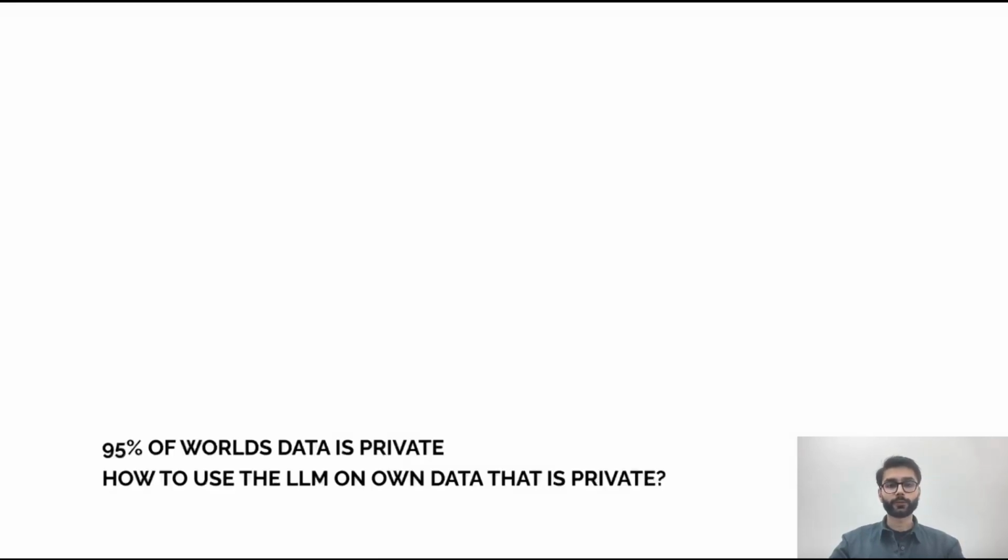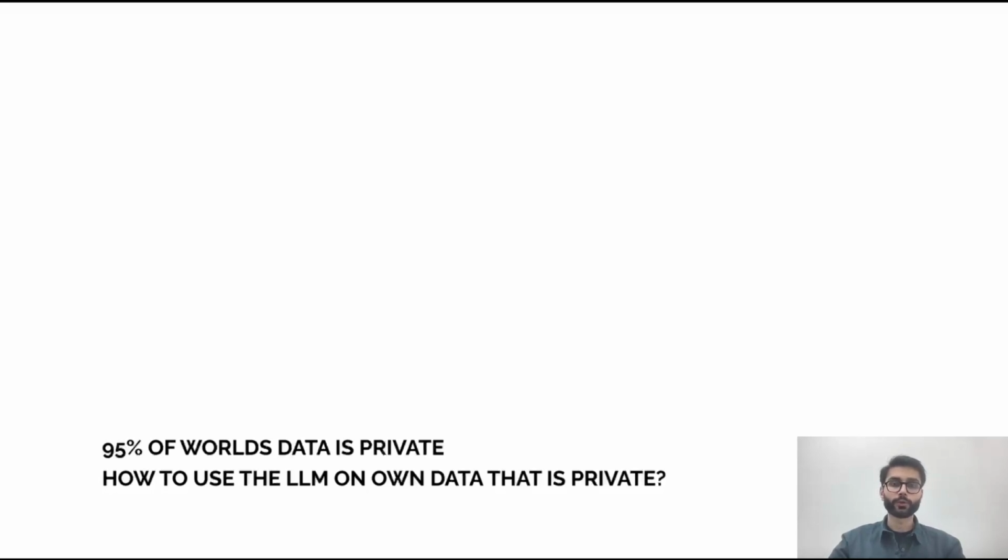Let's start with a simple question first, and let me quote you a number. 95% of the entire world's data is private, and only 5% of the data is publicly available. And the LLMs are trained on that data. So if the LLMs are only trained on the 5% of publicly available data, how are you supposed to get answers on your own data?